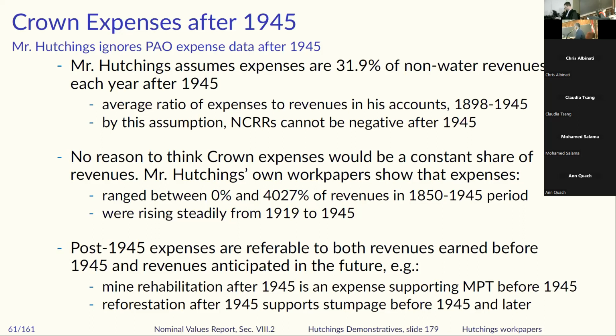Economists typically, part of our methodology is to distinguish between the things that we assume and then the things that we may conclude from the data. In this case, there's no distance between those. The data didn't allow him to conclude there were no losses after 1945. The assumption did. The assumption all by itself, no matter what the data were, he would still arrive at that same conclusion. And that's what I mean when I say it flows entirely from the assumption.